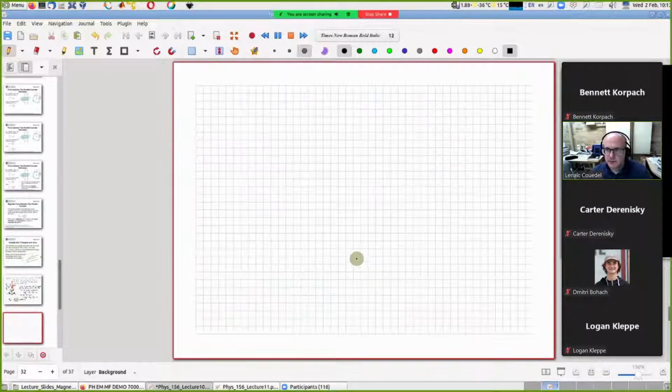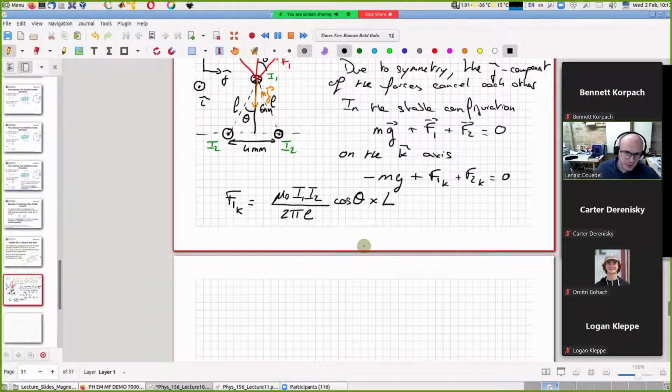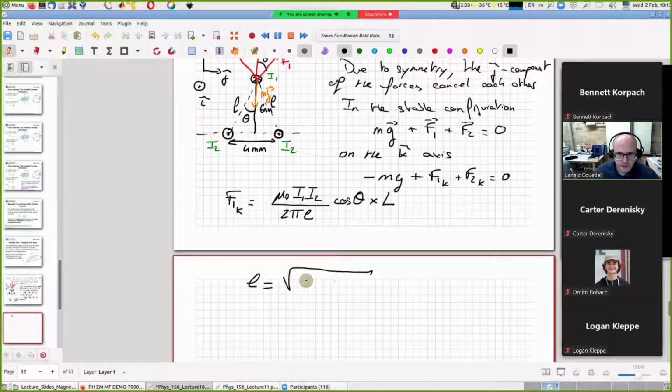All right, so let's continue then. So we need to calculate a few quantities. So this here, this lowercase l, the distance between wire 1 and the top wire, is equal to the square root of 6 millimeter square plus 4 divided by 2 square millimeter, which gives you lowercase l equal to 6.32 millimeter.